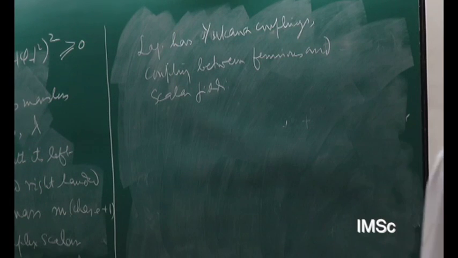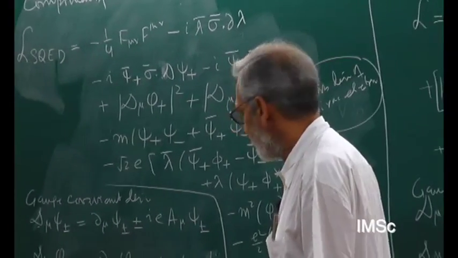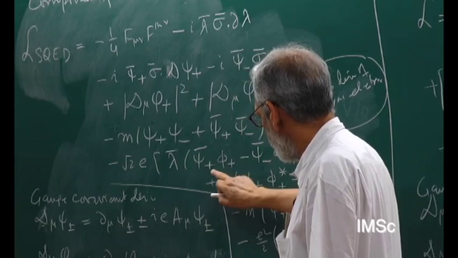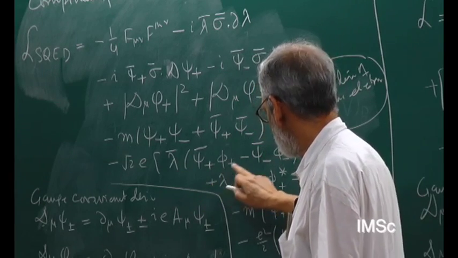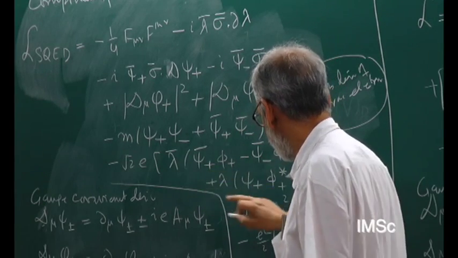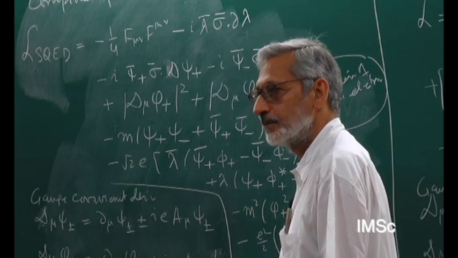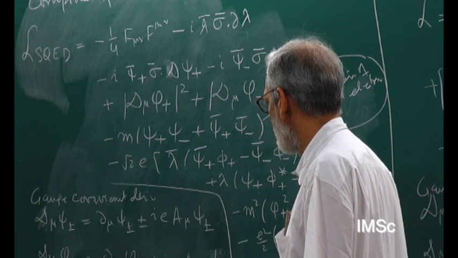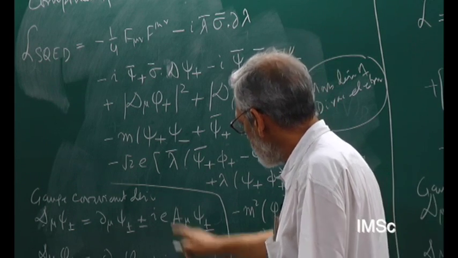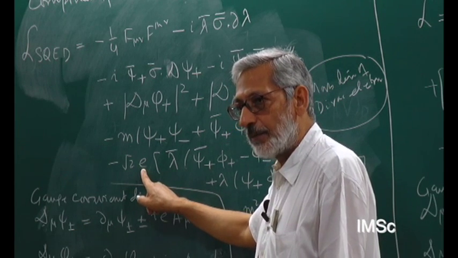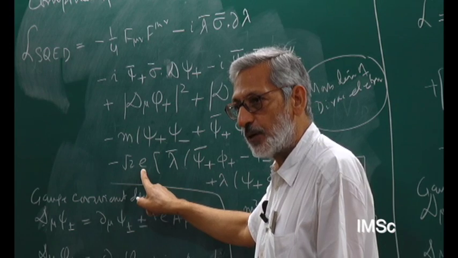So the supersymmetric generalization of QED has Yukawa couplings, fermions and scalar field, and the conjugate. But what's interesting is that the strength of the Yukawa coupling is the same as the electromagnetic strength.